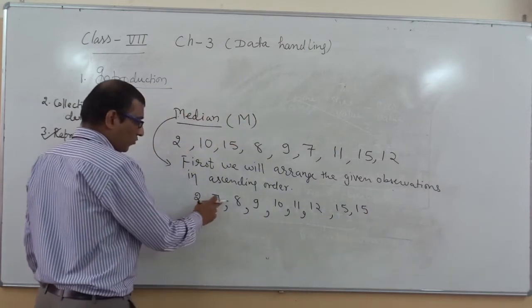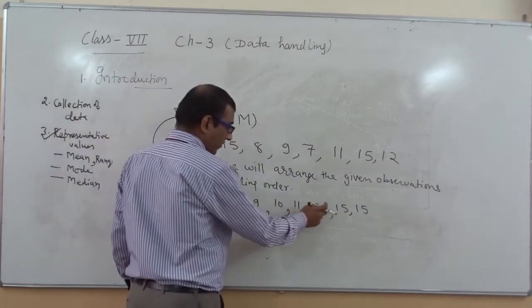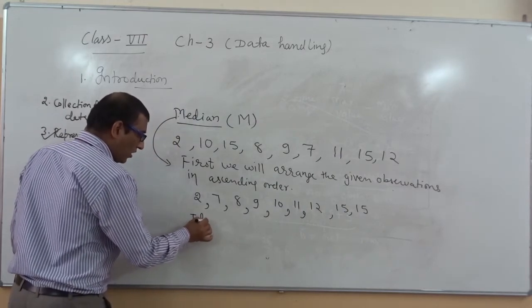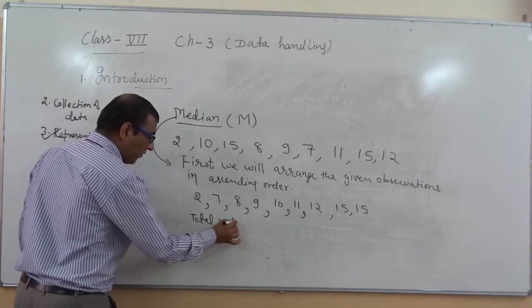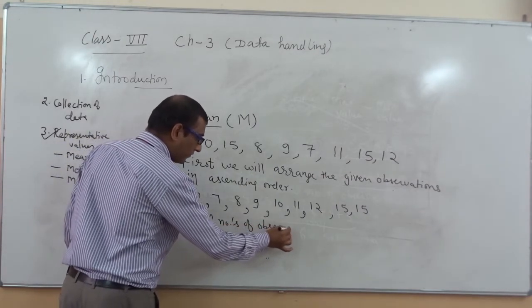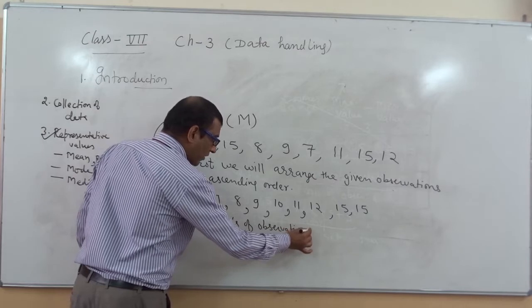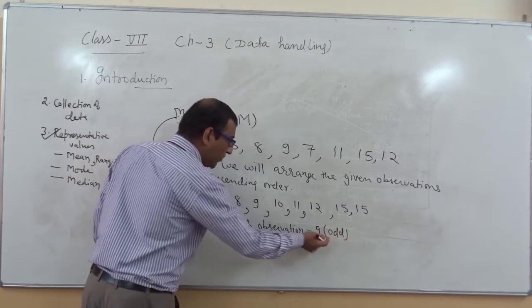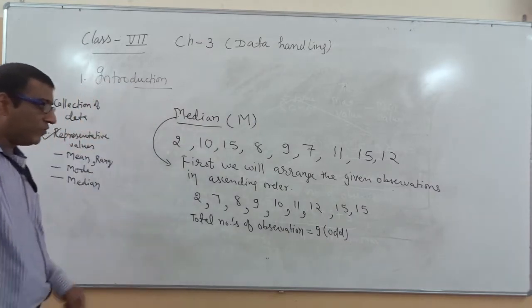So 1, 2, 3, 4, 5, 6, 7, 8, 9. So we can say the total number of observations is equal to 9, and 9 is odd. We know very well, because it is not divisible by 2, that's why 9 is odd.